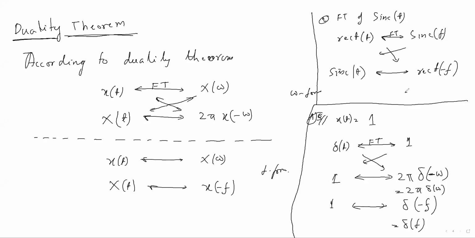Rectangular function is nothing but an even function, that's why you can write rect f only. So the sinc function's Fourier transform is what? Rect f. So very easy, you can say what will be the Fourier transform of the sinc function, and what is the Fourier transform of 1.